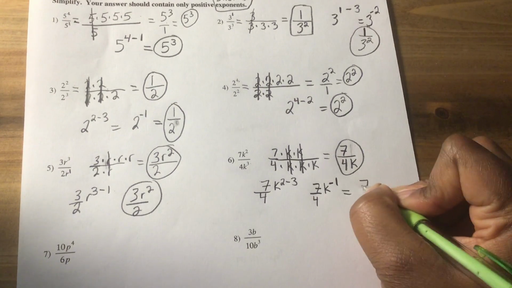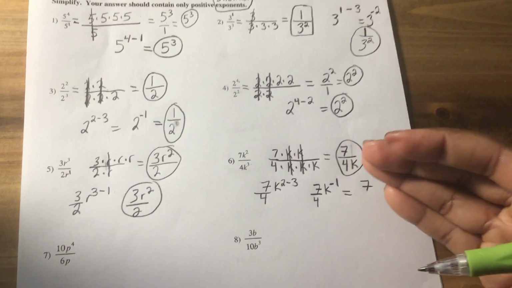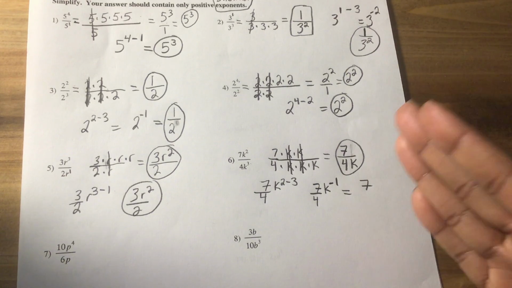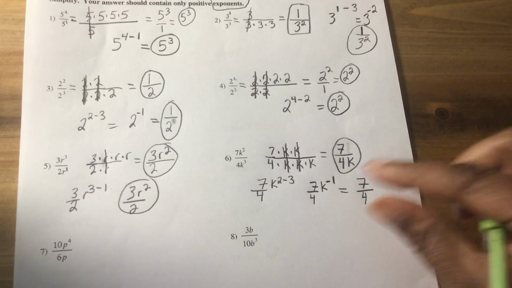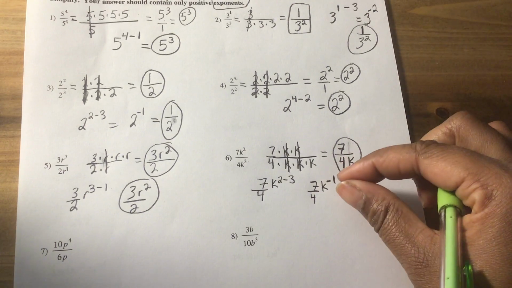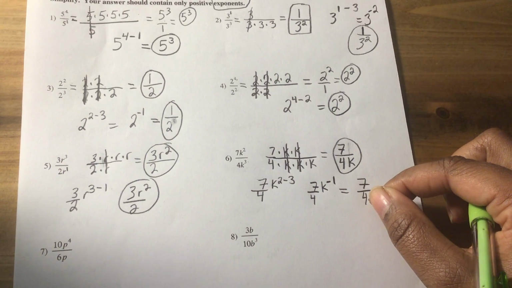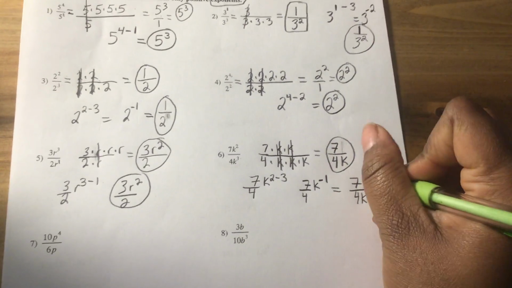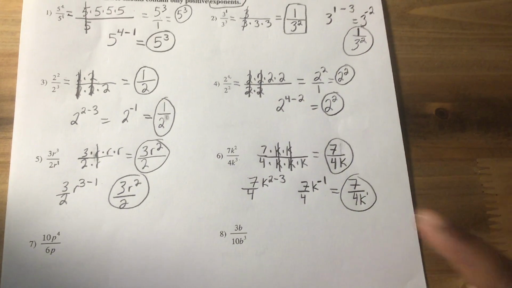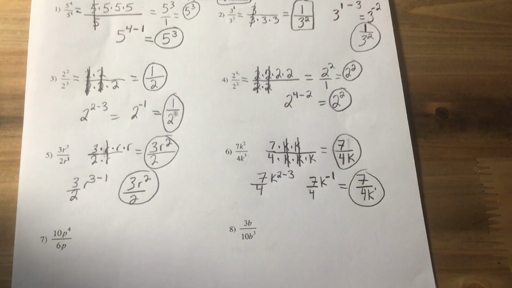So this 7 stays up top. It has a positive exponent of 1. Keep it on the top. 4, keep it where it is. Just bring the K to the first power down to the bottom to make it a positive 1. And again, you don't have to put the positive 1 there. Okay?